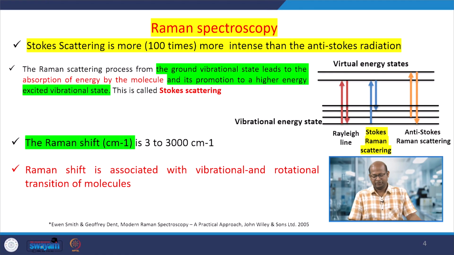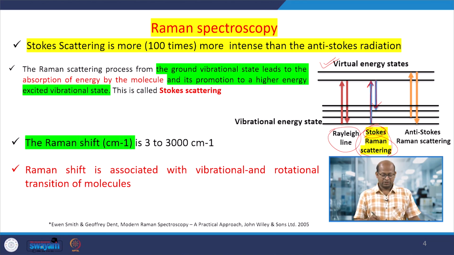Here the different virtual energy states are shown. This is the Rayleigh scattering, or Rayleigh line, where both have the same frequency. In the case of Raman scattering using Stokes scattering, this is the incident and this is the scattered light intensity.